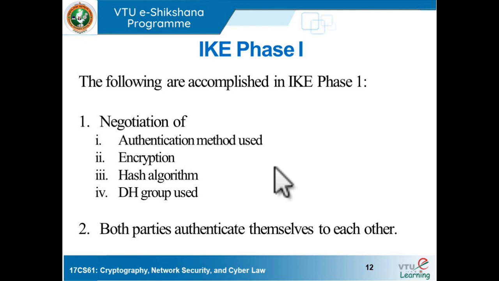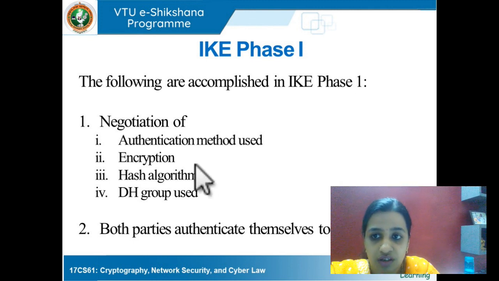Now, in phase 1, the following components have to be accomplished. What are those? First is the negotiation of the authentication method to be used between the two communicating parties, and the encryption algorithm, hash algorithm, and the Diffie-Hellman group, which will be used for key generation, are negotiated in phase 1.